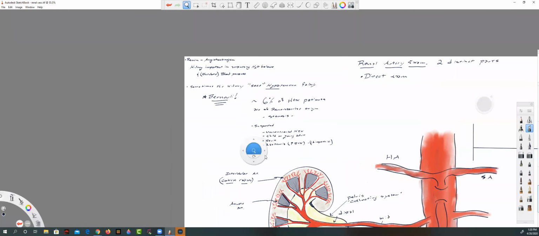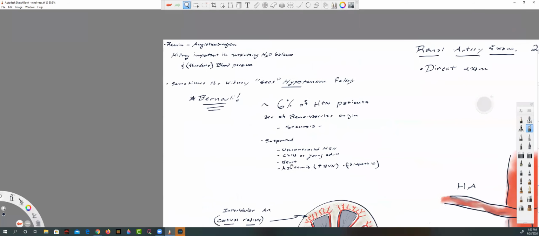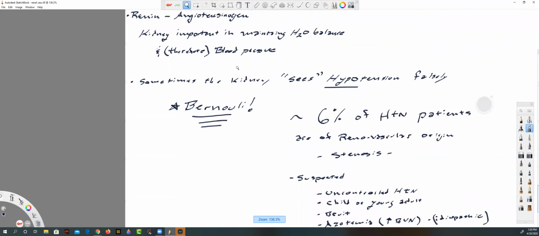It just tells you, yeah, there's blood flow, but big deal. You assume there's blood flow. If there wasn't, it'd be dead. It'd be a remnant of a kidney sitting in there. So color alone is not all that helpful. I used to do it all the time, and now I realize that it's not so helpful. So let me move in a little bit more. I drew awfully small here.